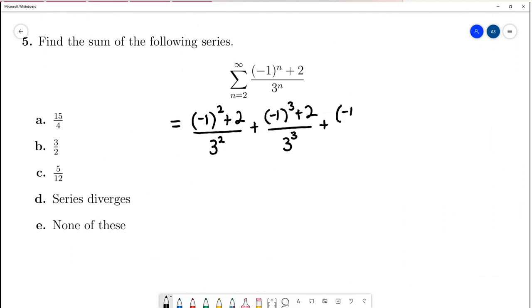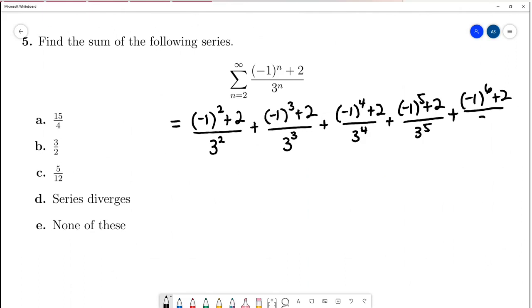So n being 4, ((-1)^4 + 2) over 3^4, plus ((-1)^5 + 2) over 3^5, plus ((-1)^6 + 2) over 3^6. And then we'll, of course, continue the sum to infinity.